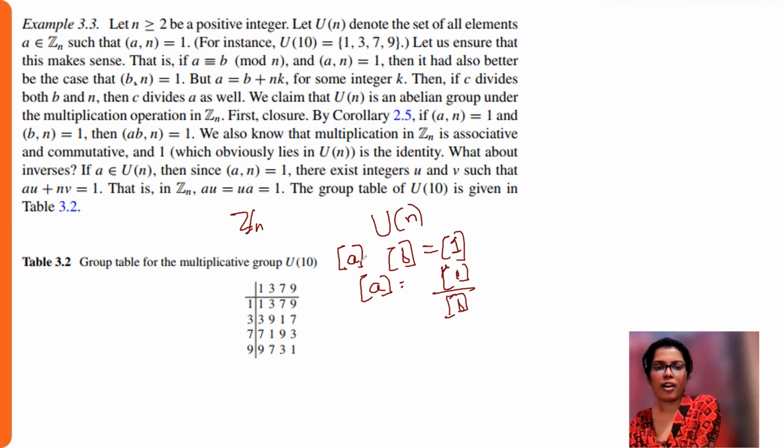This will not be possible because we're talking about integers, so these kinds of elements will not be in our integers. So we can say that this doesn't form a group with respect to multiplication.